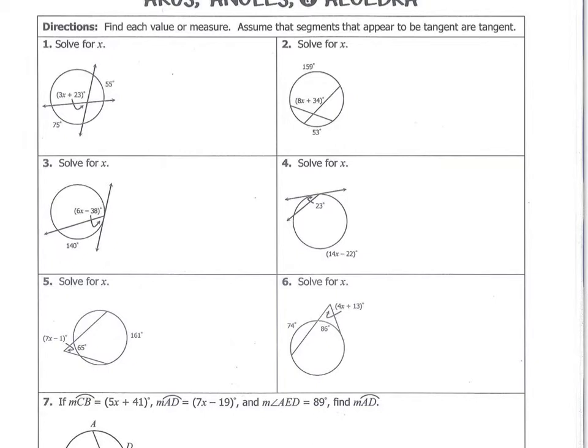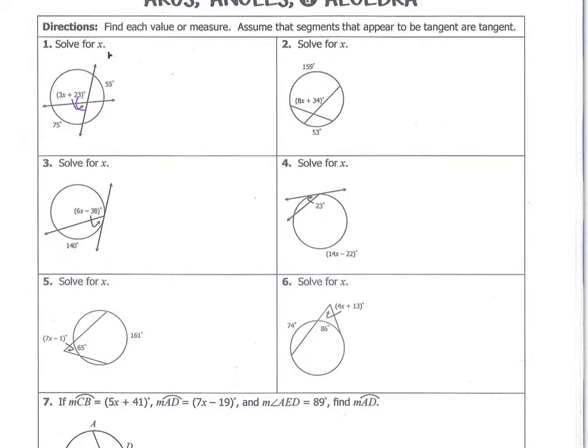Remember, it's always half of the intercepted arc. And with the algebra, you set up the full general equation, then plug in what you know. If we're solving for x, then these are the two intercepted arcs, so I'm going to be using those two arcs.